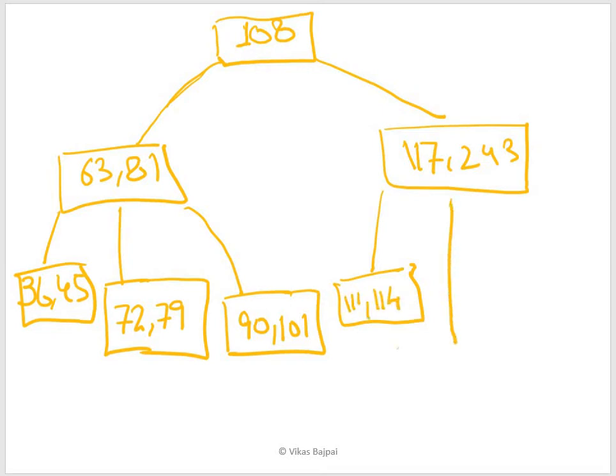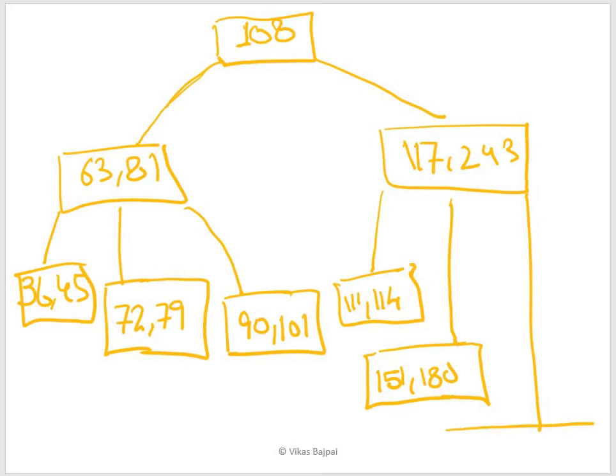Now this particular value remains as it is, which is 151 comma 180. This side we see a change, which is now 243 has gone up. I am left with 256, I am left with 333, I am left with 444. This is what we have as of now.